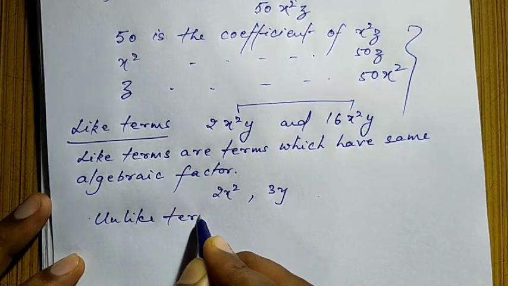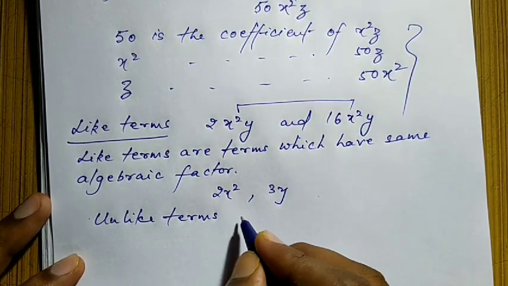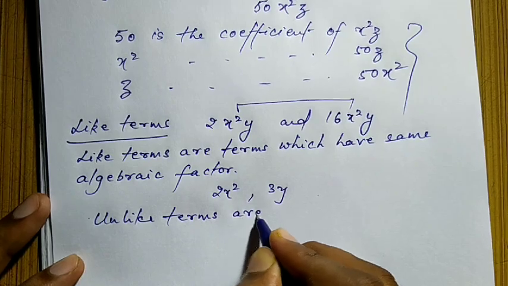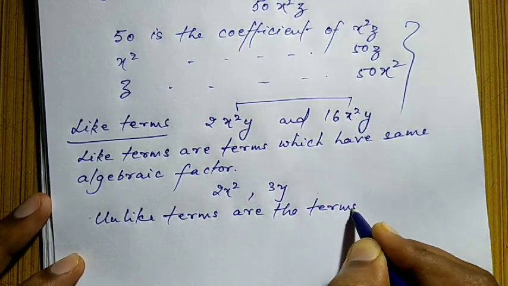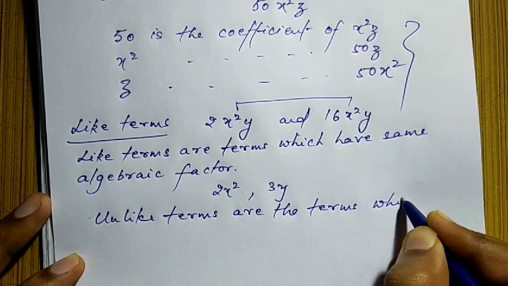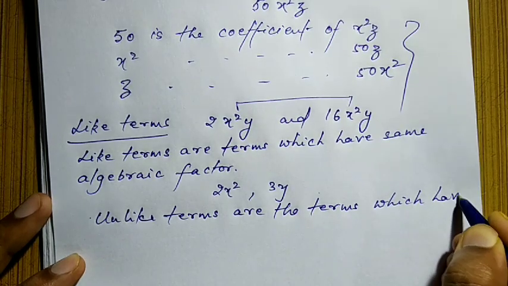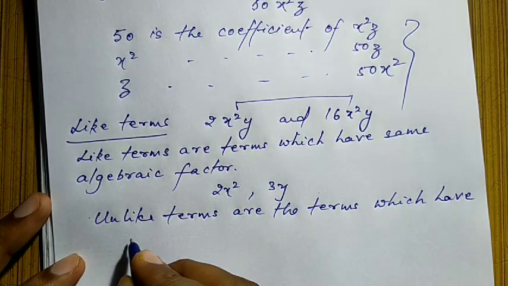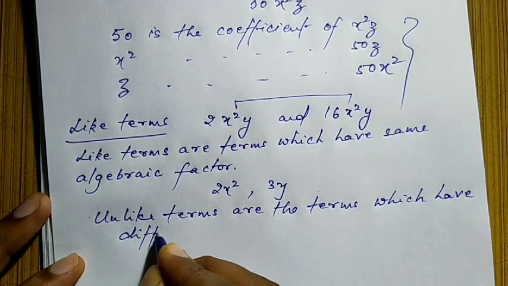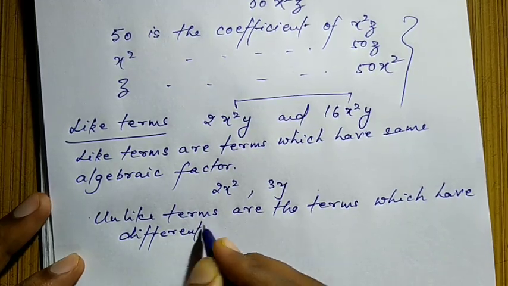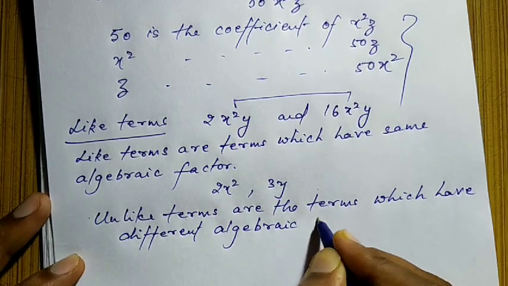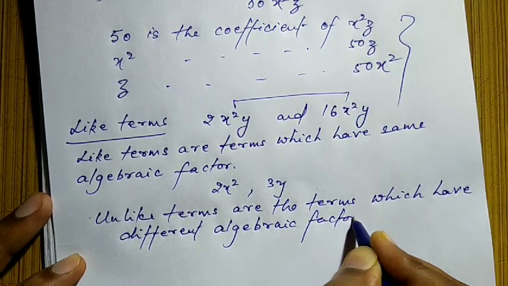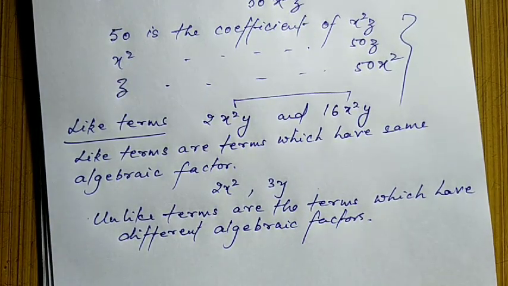Unlike terms are the terms which have different algebraic factors.